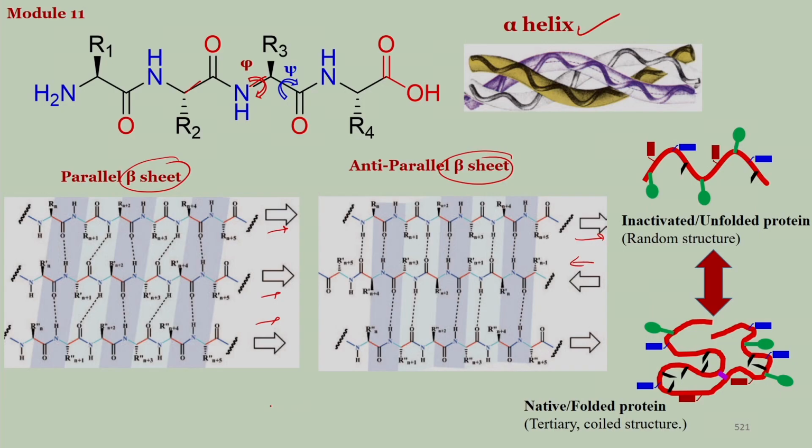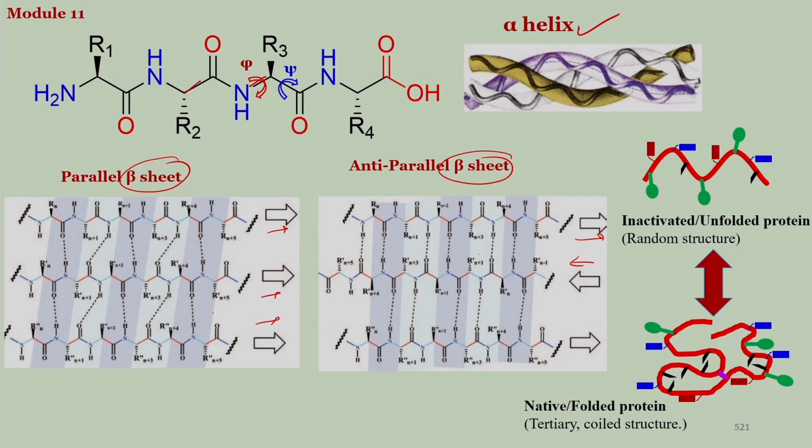The beta conformations are basically because of intermolecular hydrogen bondings and pi stacking. Alpha helix was because of intramolecular hydrogen bonding interactions and electrostatic interactions. So, these are the secondary structures of the amino acids, or secondary structures of the proteins.